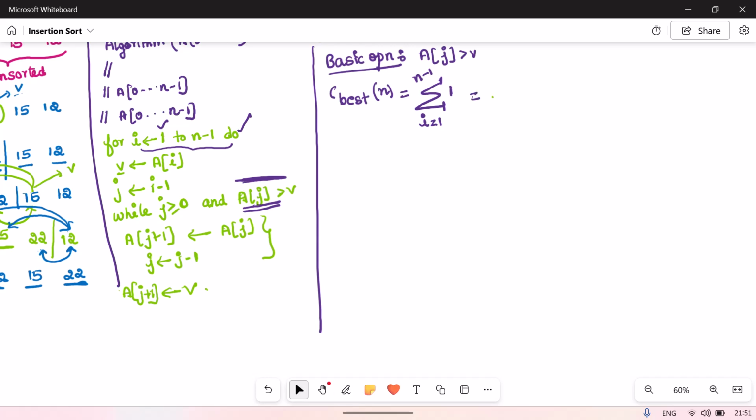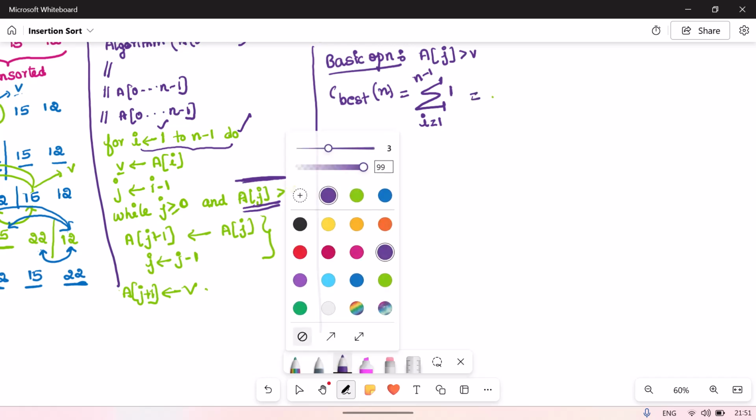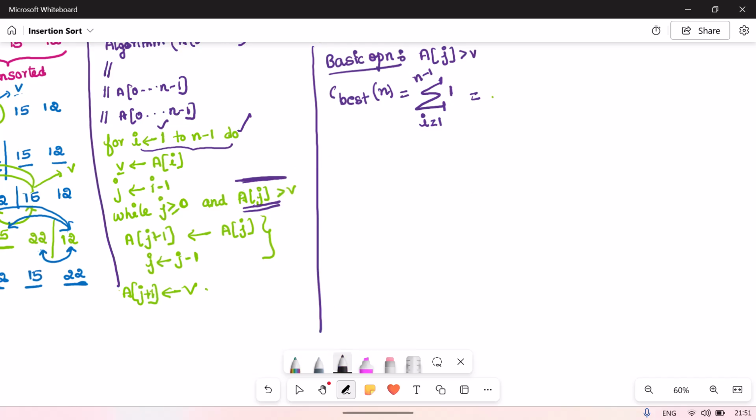Now, how do I calculate this? If you don't remember and if you have confusion with this, listen to me very carefully. See, this is 1 over here. When you apply the summation, what you're supposed to do is check on what element you're going to apply the summation, is it there in this term? I have 1 in that term and the summation is applied on I. There is no I, right?